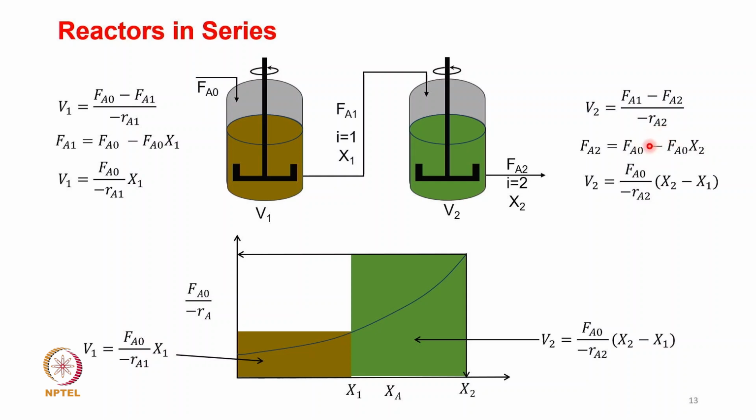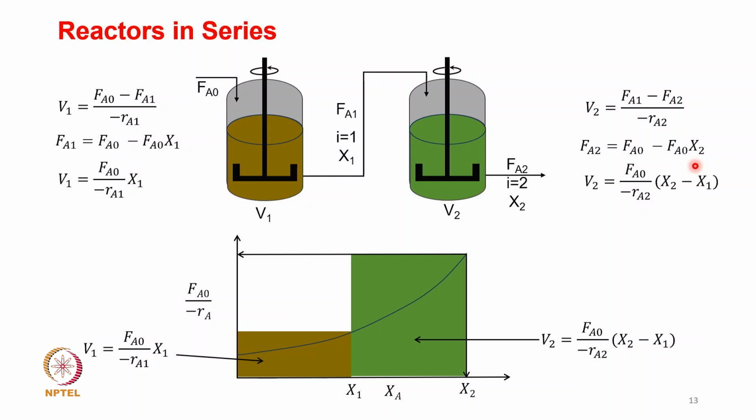So, when we replace FA2 with this expression and FA1 with this expression, we see that the final expression of V2 would be FA0 divided by negative Ra2 times X2 minus X1. Fine. So, we have our V2 over here.